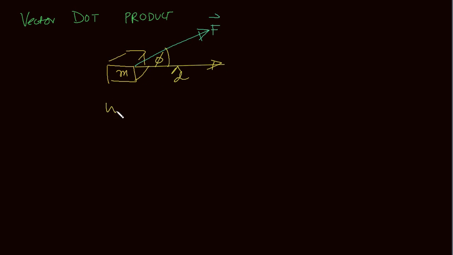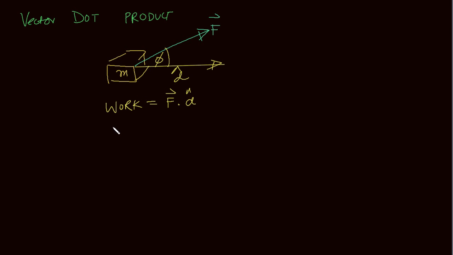So work is a dot product between two vectors, force and displacement, and we write dot product as a dot. It is different from multiplication that we had drawn earlier.